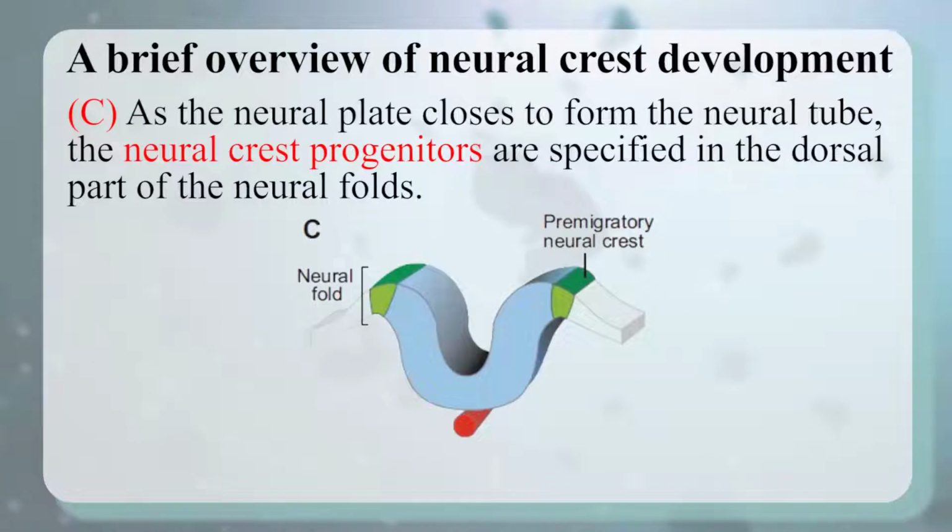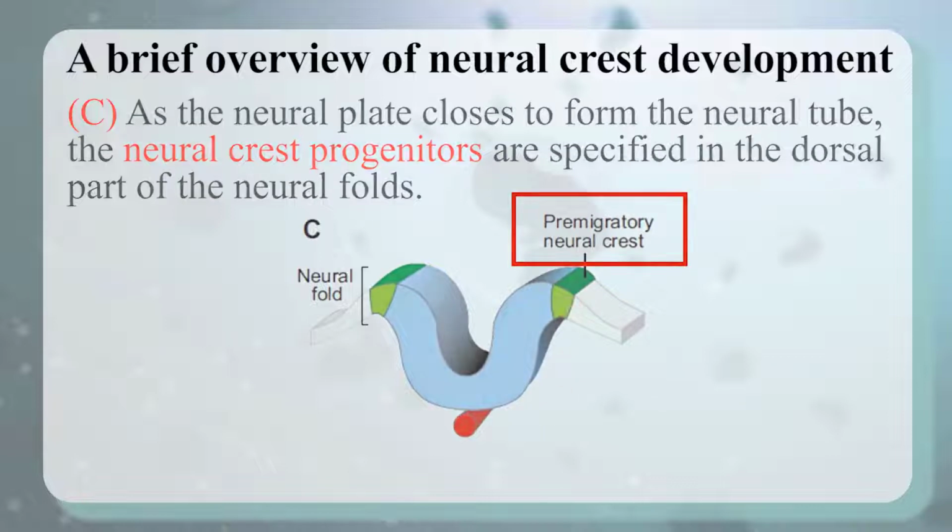Figure C, as the neural plate closes to form the neural tube, the neural crest progenitors are specified in the dorsal part of the neural folds.